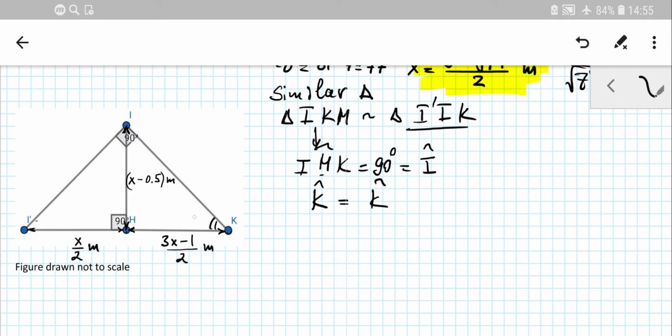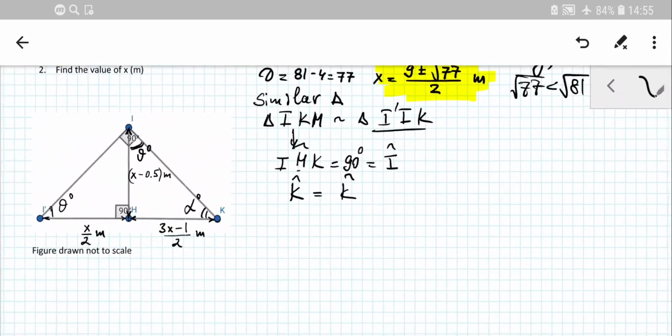I mark the angles, let's say alpha, and this angle, let's say theta, will be equal to that angle. So how to understand which angle corresponds to which? You see that alpha is the common angle, so the correspondence of the sides will be obvious.